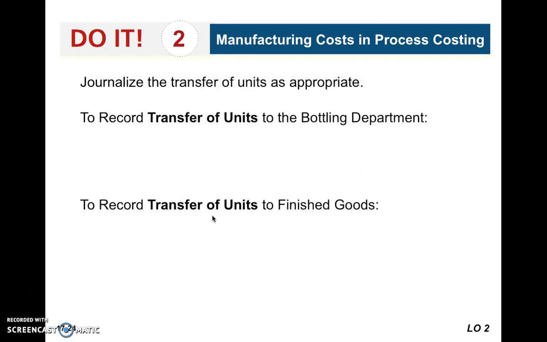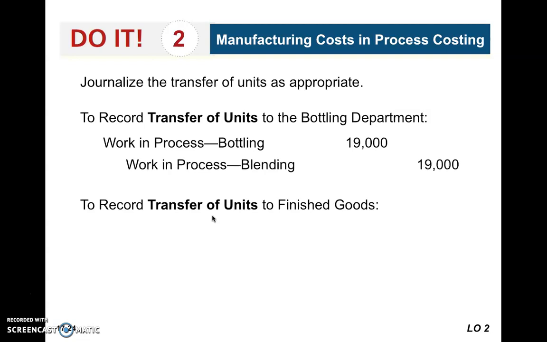The only difference is the fact that since we have more than one work in process, we have to transfer the cost of the previous work in process into the next department. So since bottling comes after blending, the $19,000 cost will be leaving blending and be added to work in process in bottling.